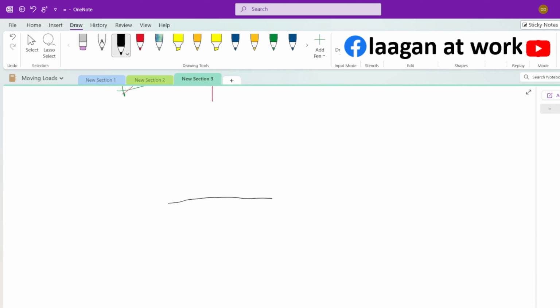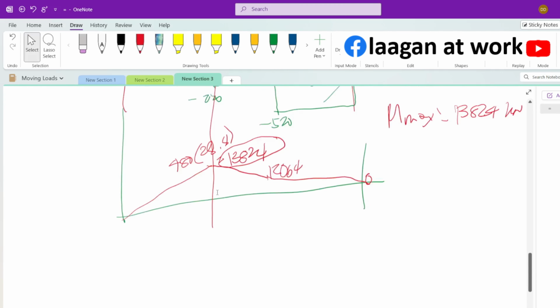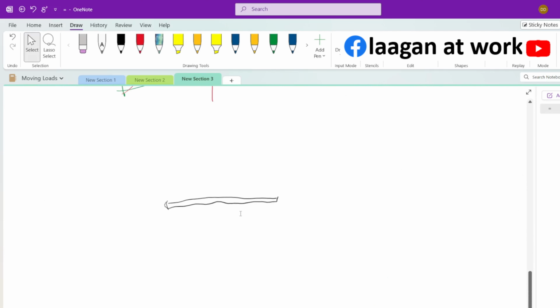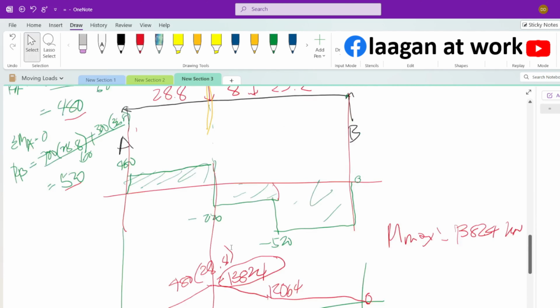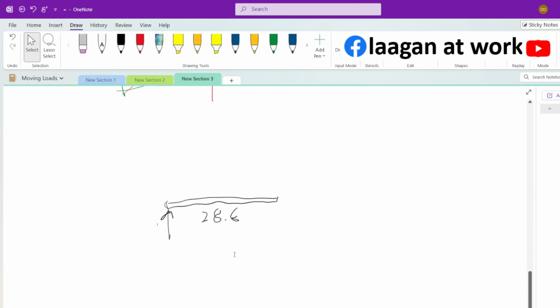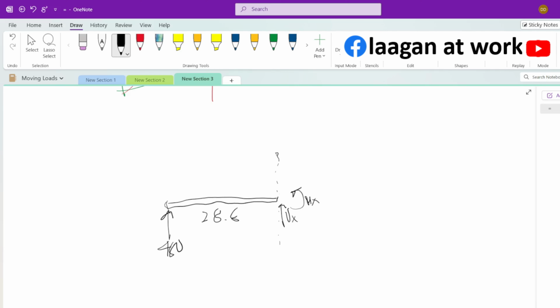So this is your segment, 28.8, and this is your RA, which is 480. And this is the location of your 700 kilonewton load. And then you have your shear at X and your moment at X.